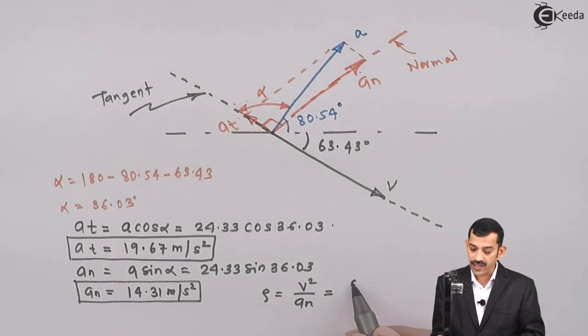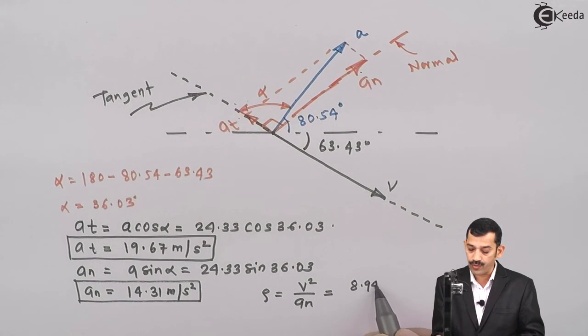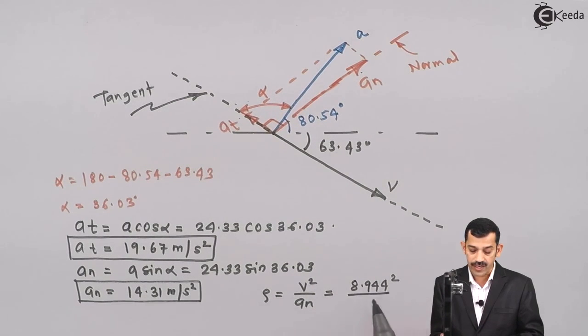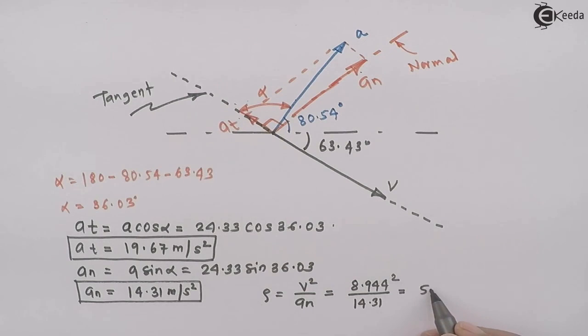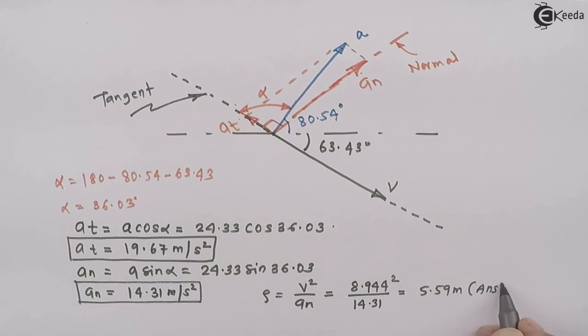That means 8.944 square divided by AN value 14.31. Therefore, rho comes out to be 5.59 meters. So this is your last answer.